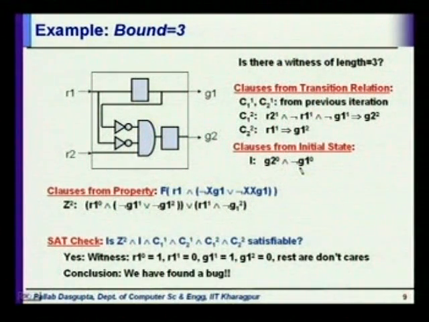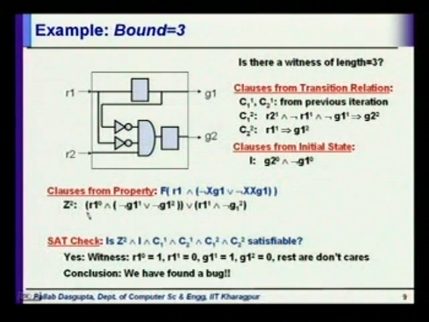Clauses from the initial state are the same as before, it is always going to be the same. Now for clauses from the property, this is what we have. We have R1 0 and not G1 1 or not G1 2.